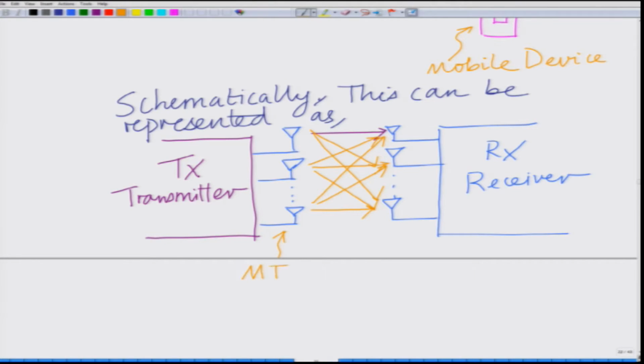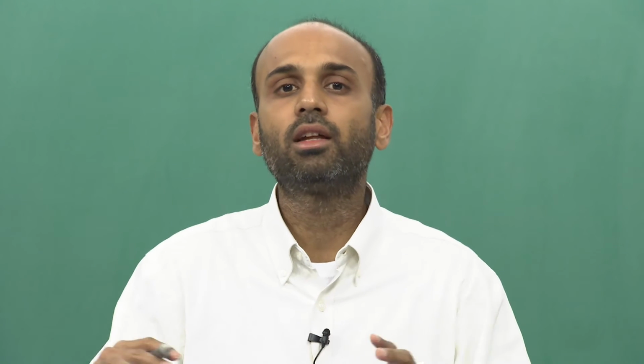So, let us say I have m transmit antennas similar to before, and I have R receive antennas. I have a total of m times r channels, possible paths or possible links where the signal can propagate from the transmitter to the receiver.